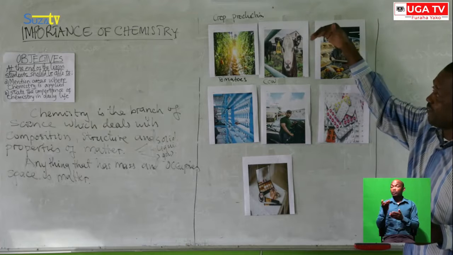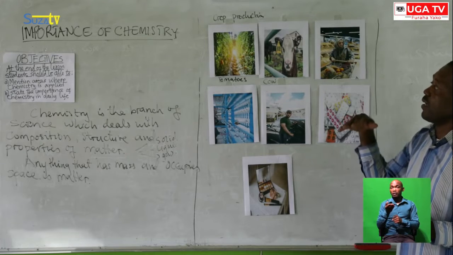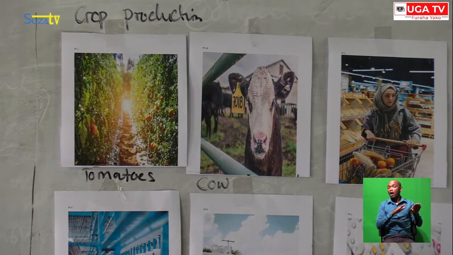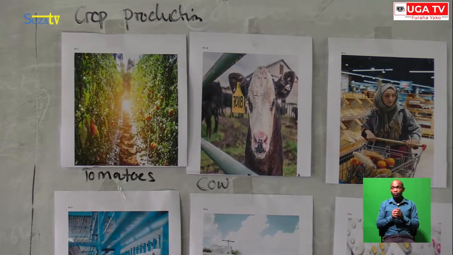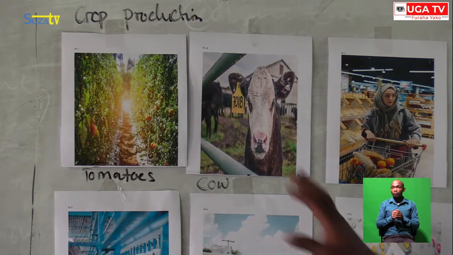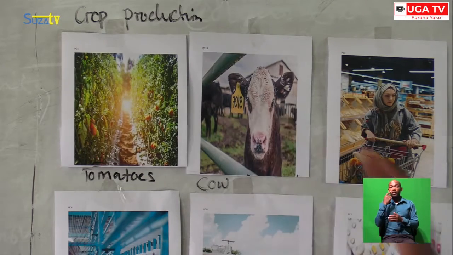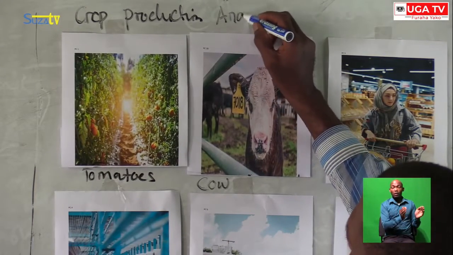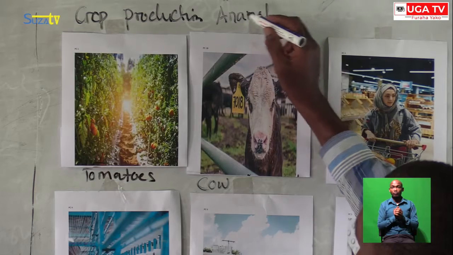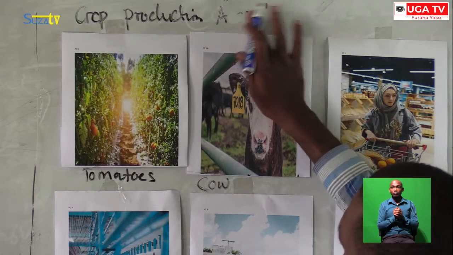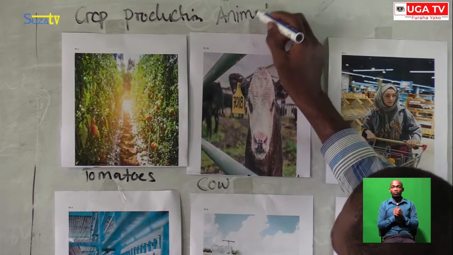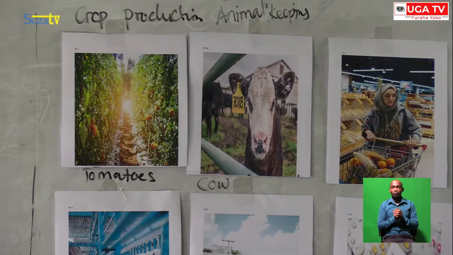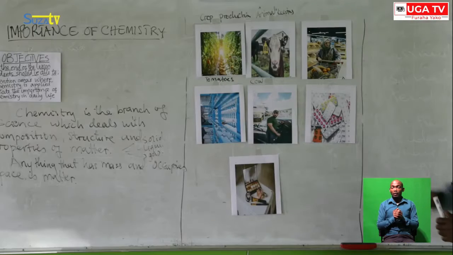So there are a number of cows kept in that place. But what is the name of the activity carried out here? We can say that the activity is animal keeping.